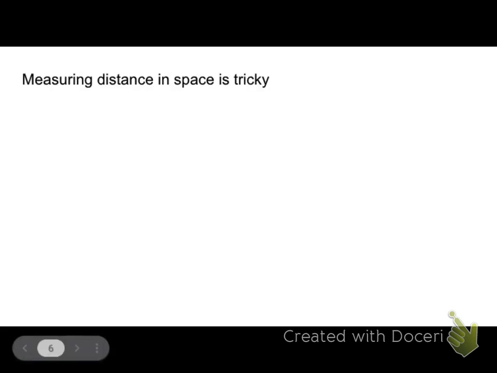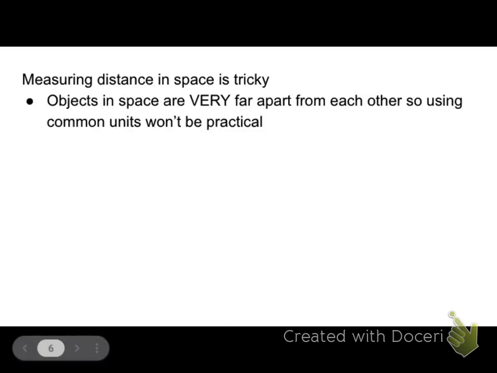We also need to measure distance in space, but this becomes a little bit tricky. Okay? Because objects in space are very far apart from each other, using the common units like meters and kilometers and miles and things like that becomes cumbersome, because you're going to start measuring things in hundreds of thousands of millions of miles or kilometers, and that becomes difficult.